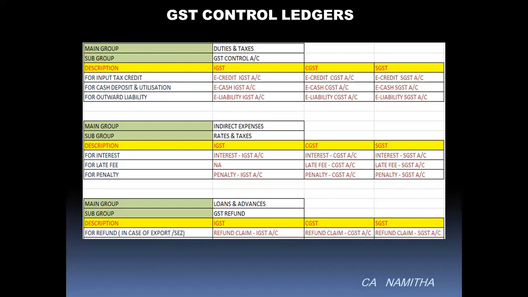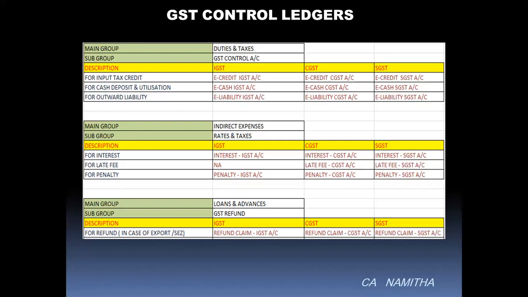Now, let's check what are these control ledgers which need to be maintained. It is suggested that these ledgers should be created based on the e-ledgers maintained at the GST portal. For input tax credit, e-credit IGST account, e-credit CGST account and e-credit SGST account need to be maintained.